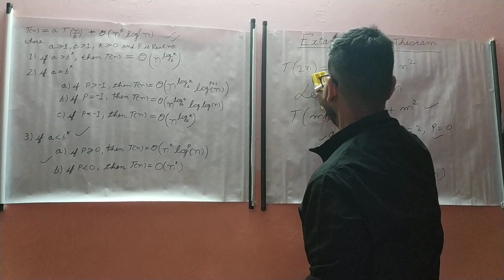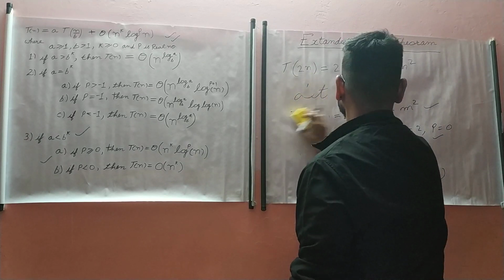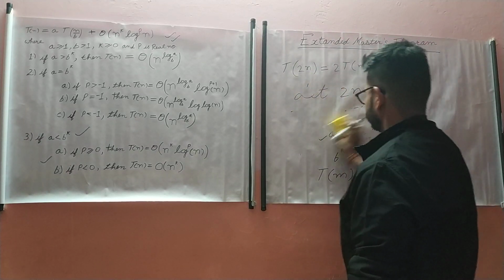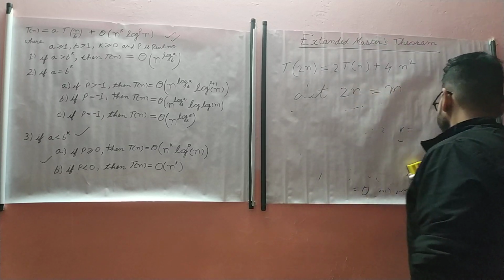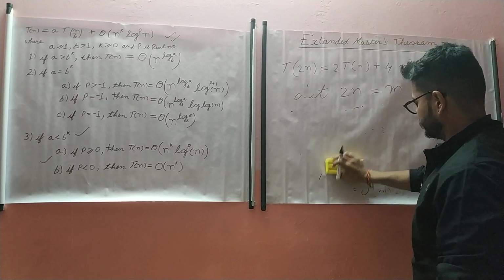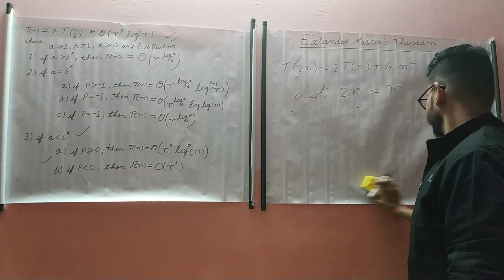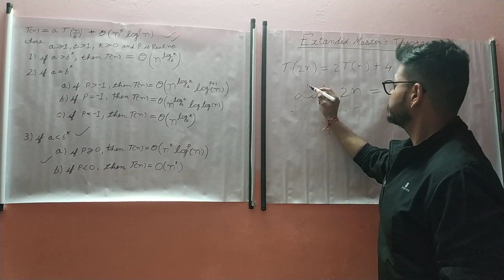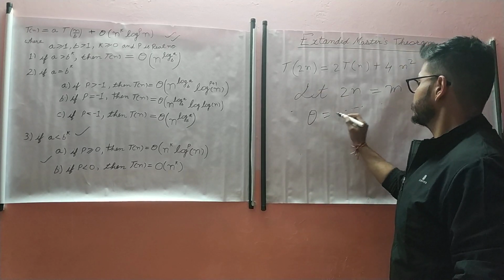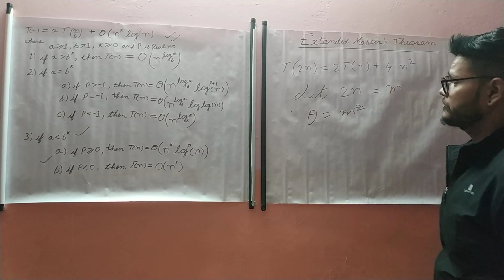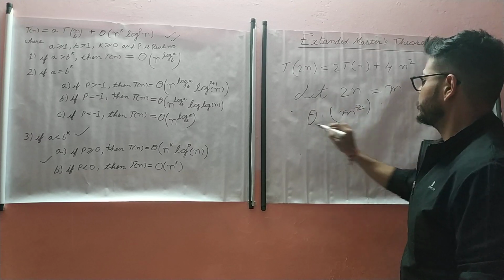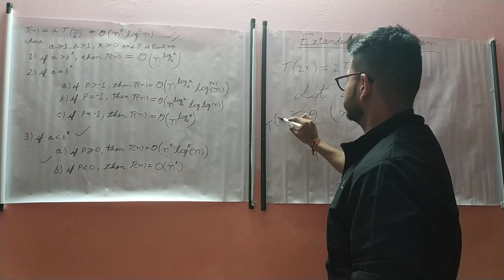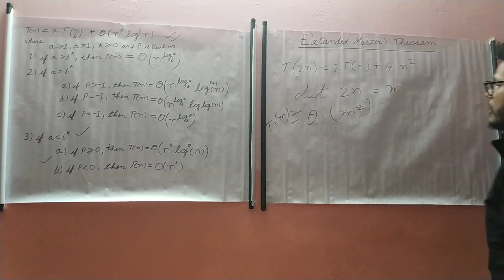So theta of m square is equal to T(m). Now put the value of m in the form of n.